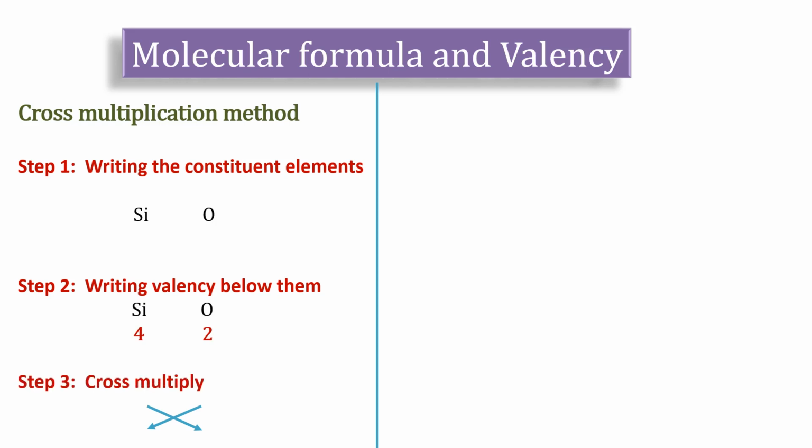Thereafter you have to cross multiply these two columns. You have to multiply silicon with 2 and you have to multiply oxygen with 4. Now what will be the answer after cross multiplication? The answer is Si2O4, right?